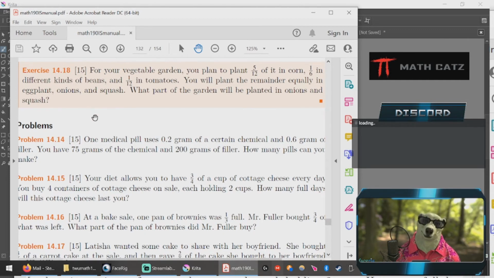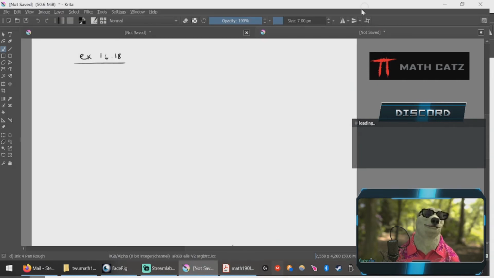Now, I always read the question sentence, this last one with the question mark, with hesitancy. I almost don't want to read it because often as soon as I do, I obsess over it. I want to find this. Instead, very often, I don't read that last part. I read what's happening to the garden, what's my plan. I'll plant the remainder equally in eggplant, onions, and squash. Boom, done. Stop.